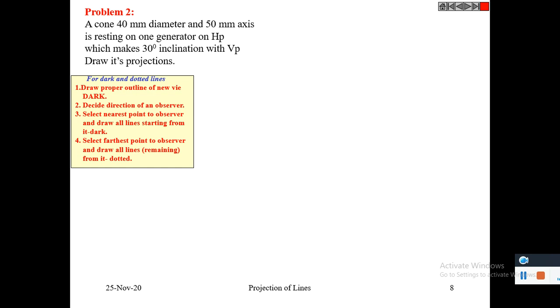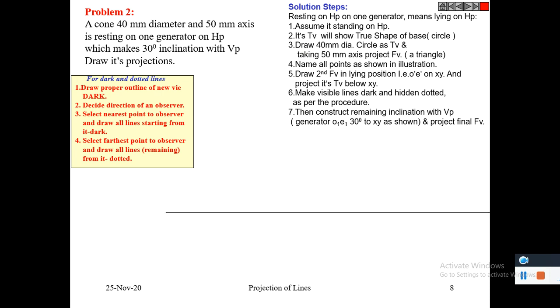A cone 40 millimeter diameter and 50 millimeter axis is resting on one generator on HP, which makes 30 degree inclination with VP. Draw its projections. It is self-explanatory. The top view is drawn first. The circle is divided, or the top view is divided into 8 or 12 equal parts, so that we can draw the generators.